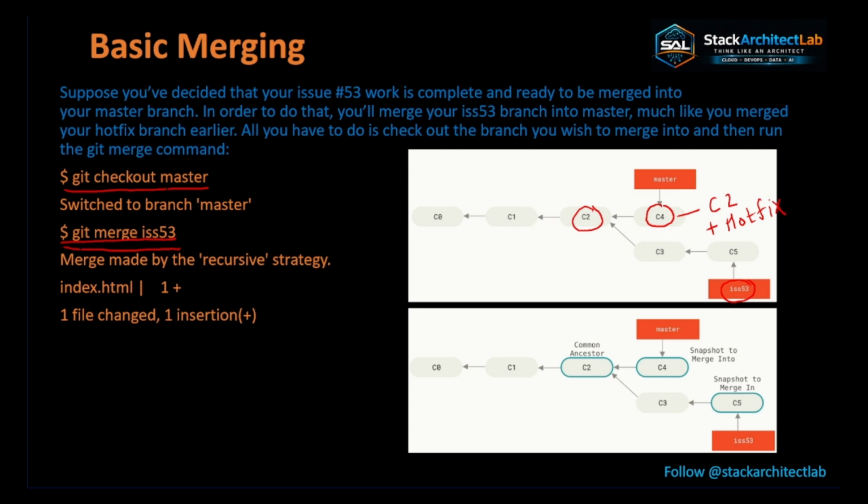So because our branch issue 53 was created using C2, if we check out master and try to merge it, and if there is no such conflict, I will talk about that in upcoming slides, if there is no conflict, then it will get merged into master.